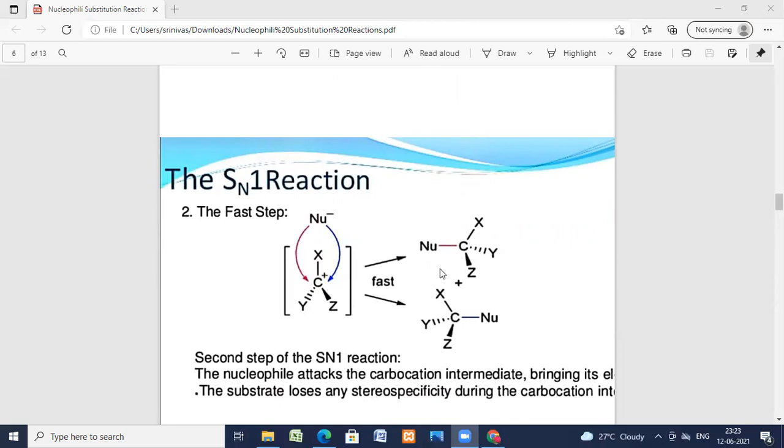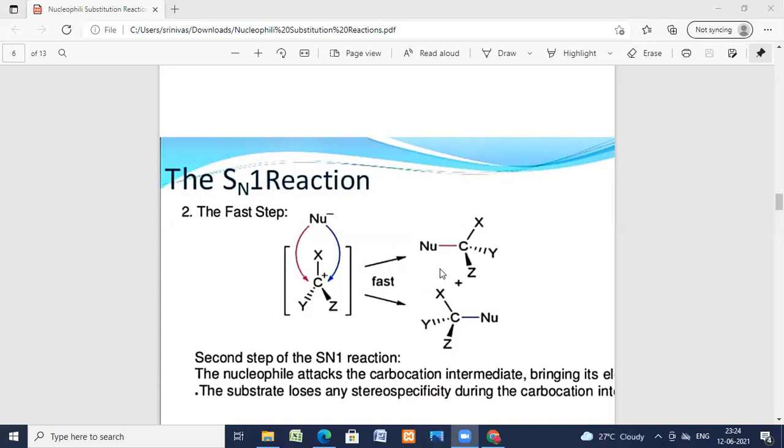SN1 reaction proceeds through the formation of carbocation as the intermediate. The carbocation is planar in shape and the positively charged carbon is sp2 hybridized. The three substituents of this carbon lie in one plane with an empty p orbital perpendicular to the plane.